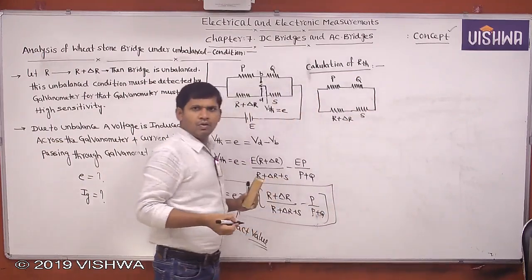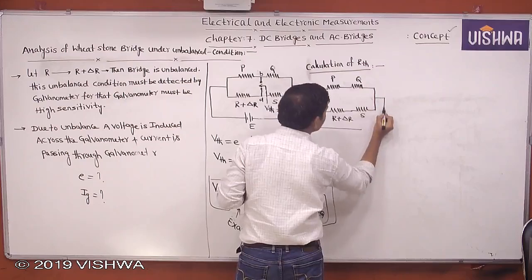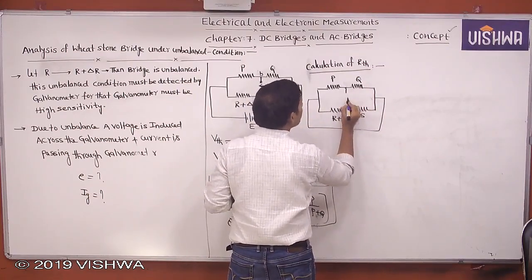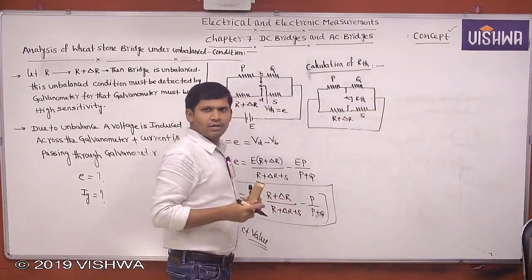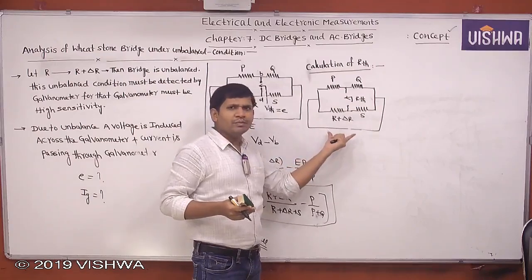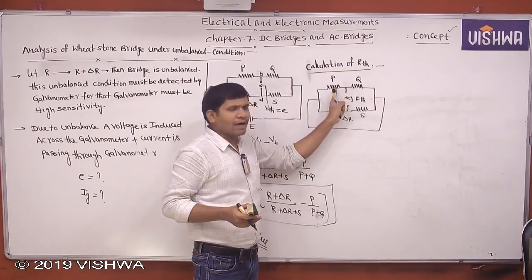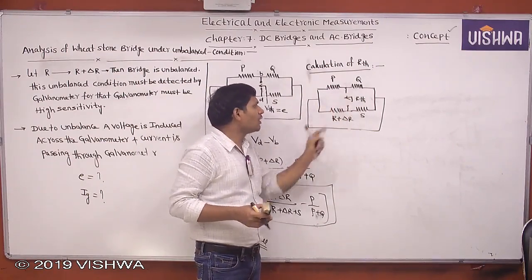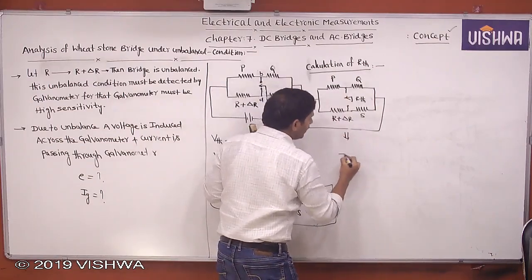Now the voltage source is short circuited. Now we are finding the Thevenin's resistance across these terminals. Whenever this is short circuited, these two are in parallel and these two are in parallel. This circuit is redrawn like this.